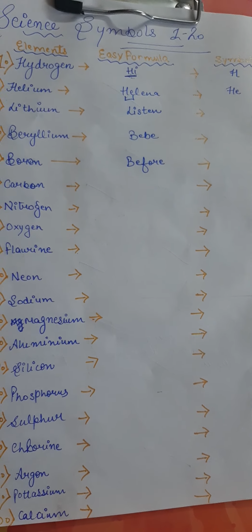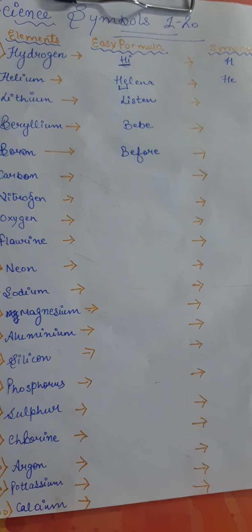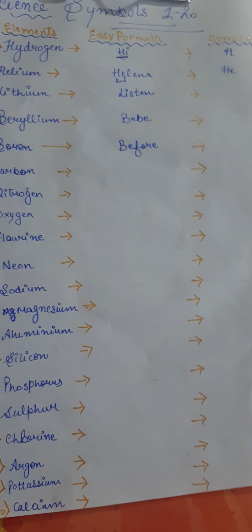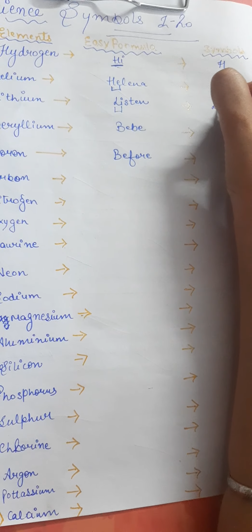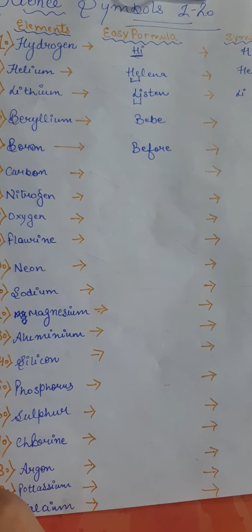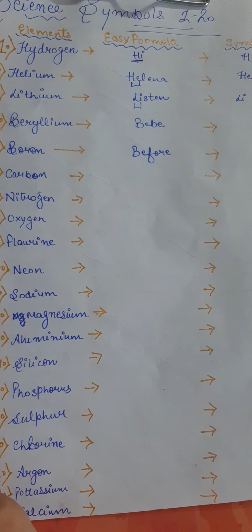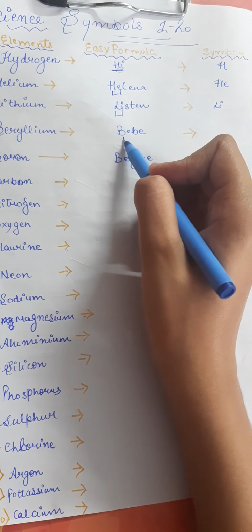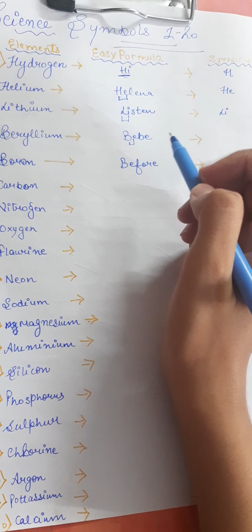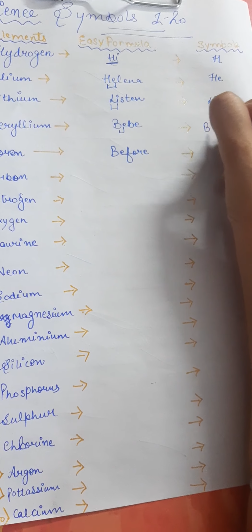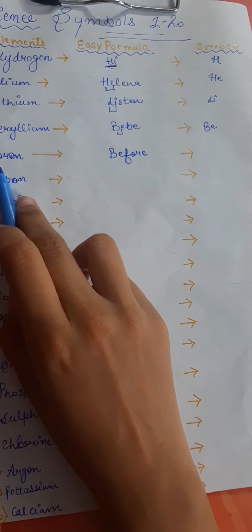Next is lithium. Here also we will take the first 2 letters, L and I. The symbol of lithium is Li. Next is beryllium. We will take Be, B and E. Next is boron.